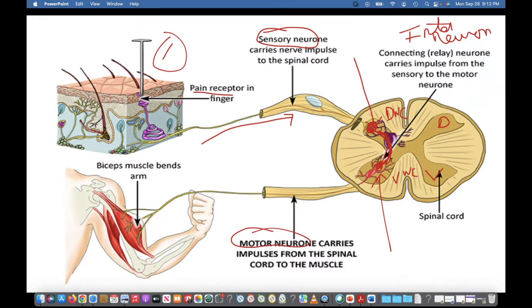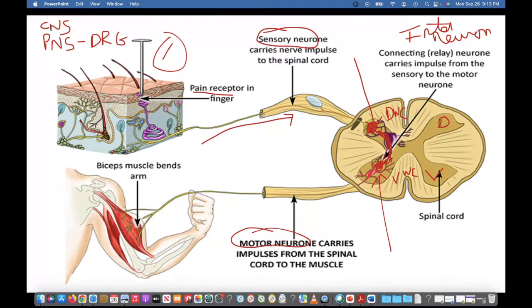Okay, now I think you heard me earlier when I talked about the CNS, central neural system, and the PNS, the peripheral neural system. One of the things that I mentioned in the peripheral neural system, besides cranial nerves and spinal nerves, was a ganglia, and I referred to it as a dorsal root ganglia.